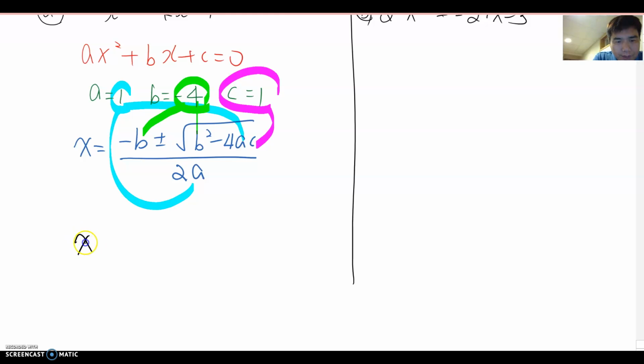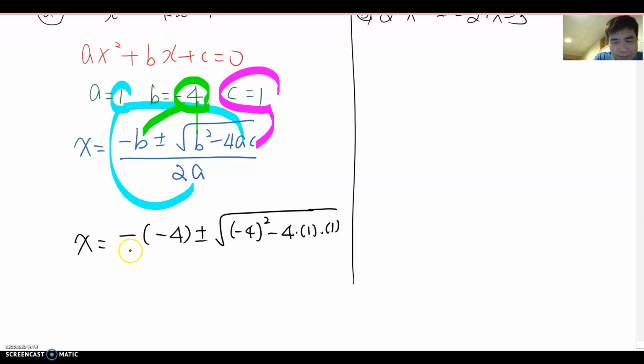Okay, so therefore x equals negative 4 plus and minus the square root of negative 4 squared minus 4 times 1 times 1, over 2 times 1 here.